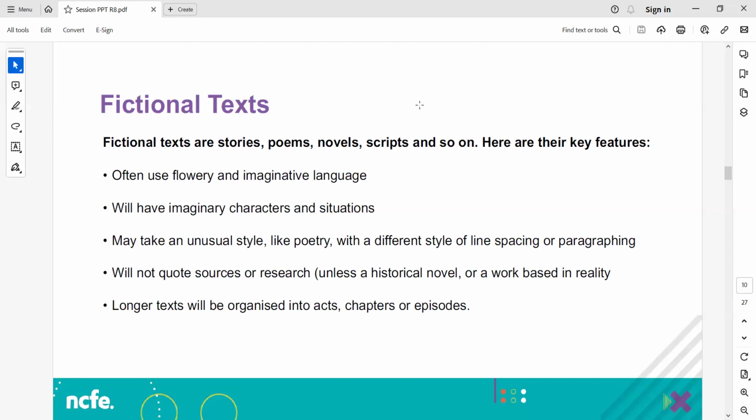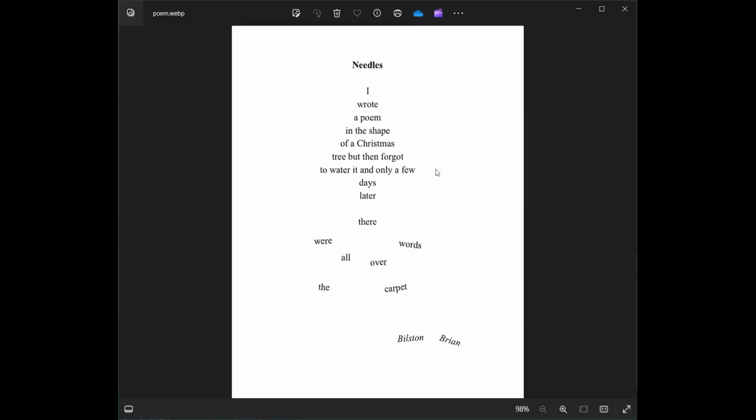So I've got a couple of examples to show you. The first one is a poem called Needles. I wrote a poem in the shape of a Christmas tree, but then forgot to water it. And only a few days later, there were words all over the carpet. And that's by Brian Bilston.